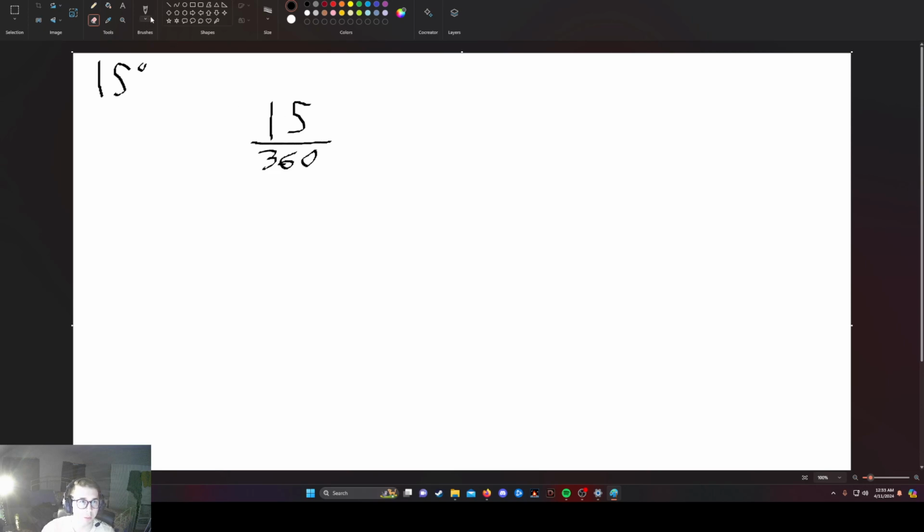We are going to multiply this by our circumference. Circumference describes the whole way around. I'm going to multiply because I just want to know the arc of one of these stakes or one of these segments. So I will multiply that by my circumference, and if I am using 50 as my radius, I'll go 2 pi 50, so 15 over 360 times 100 pi.